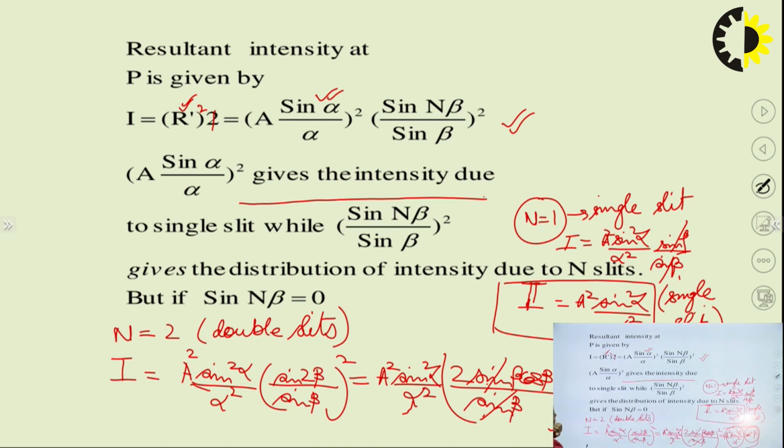All right. And now this expression of intensity is going to give us the study of the diffraction pattern. So what do we do? We study this expression of intensity for different positions. Like we can study for the positions of minima, for the principal maxima, and we can study for the secondary maxima.